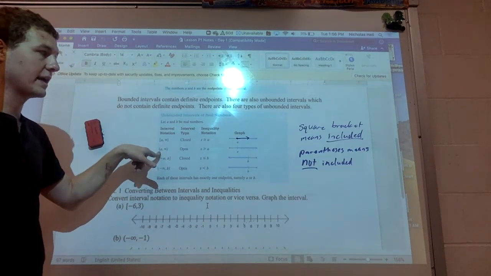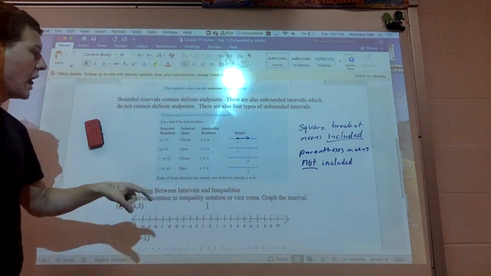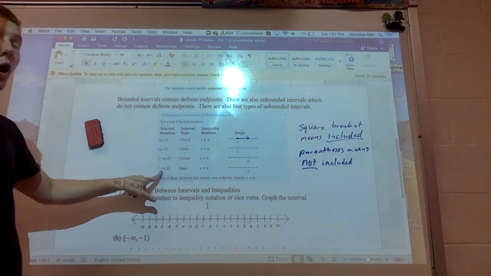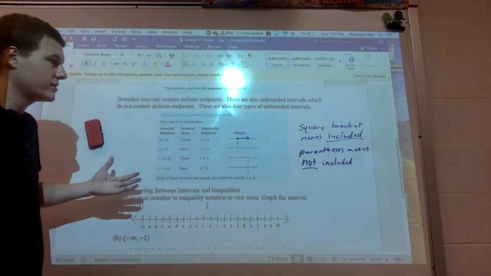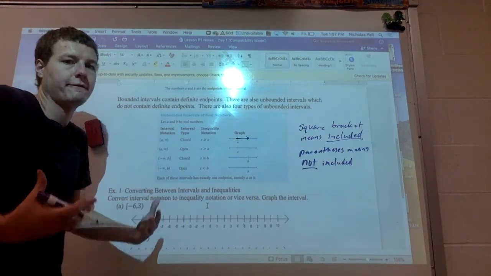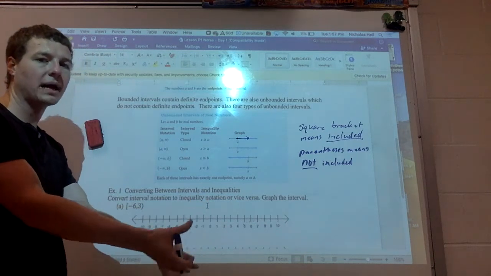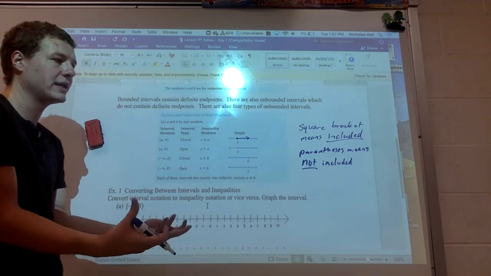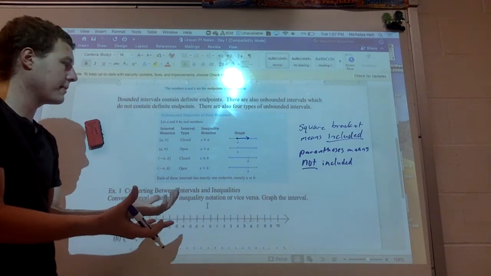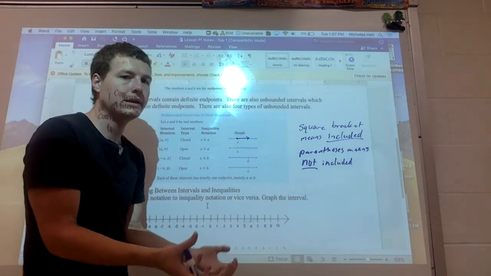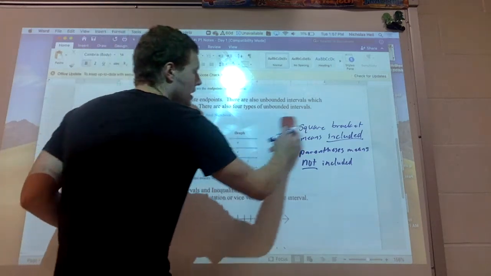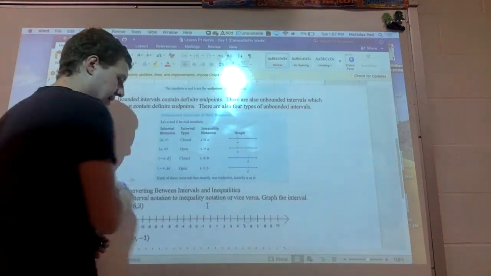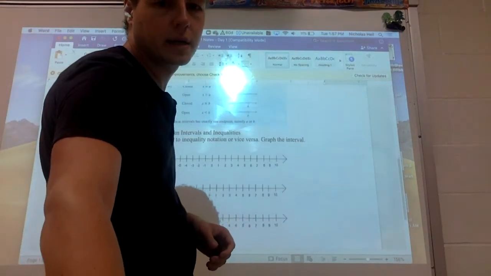Here, parenthesis, again, means not included. And notice that we always put parentheses around our positive or negative infinities. And that's strictly because we can't use infinity as a number. So if it's not included as a number, that just means parentheses. That's all.